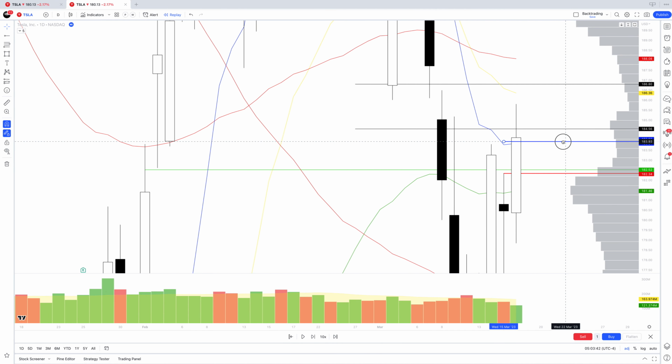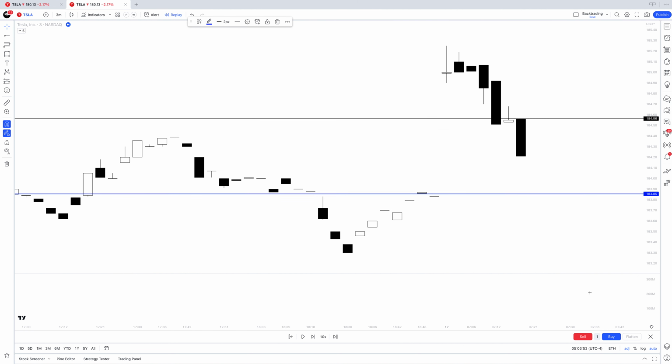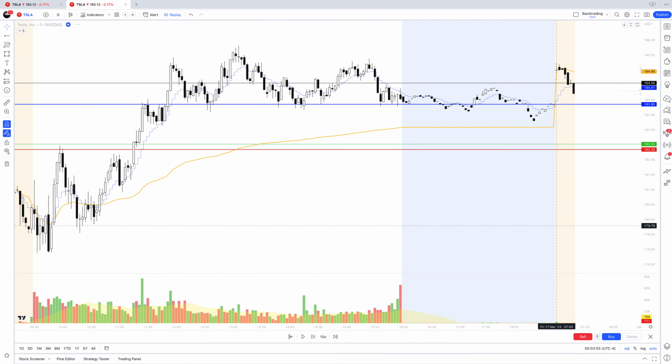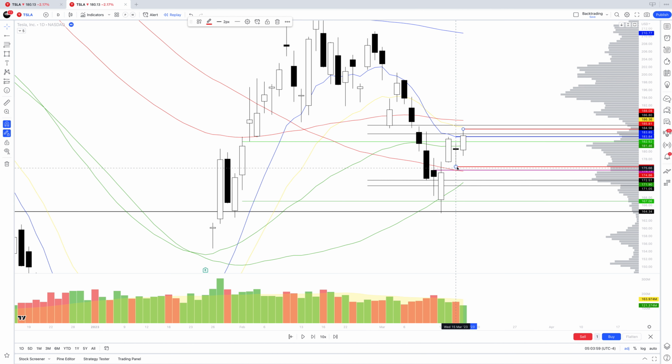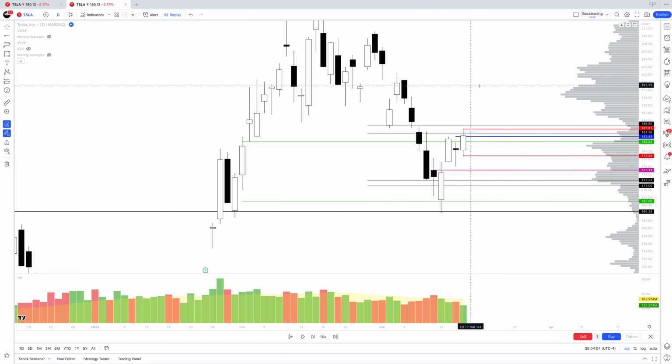Update our 10 EMA again, so it's now at 183.84. So just about there. Oh, my bad, we didn't update the red line either. Put this here, put this here. Let's turn off the indicators as well. It just looks so crowded, so horrible.